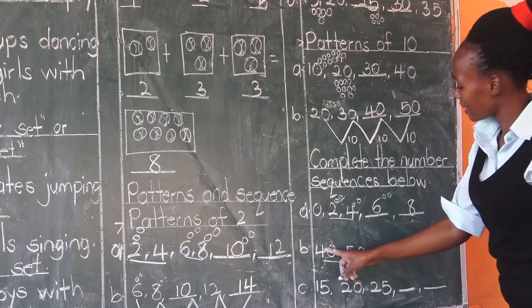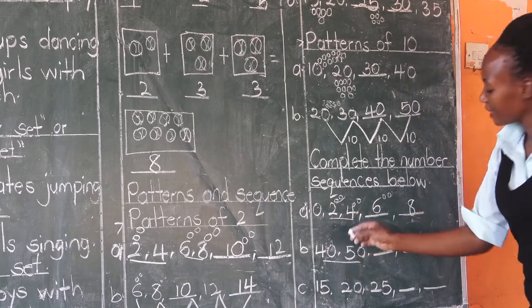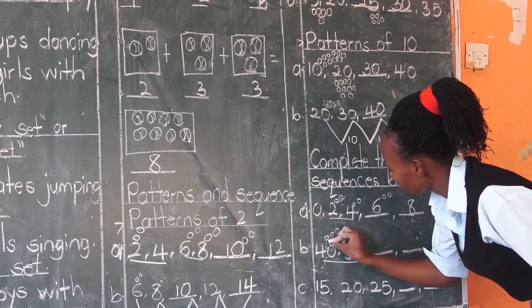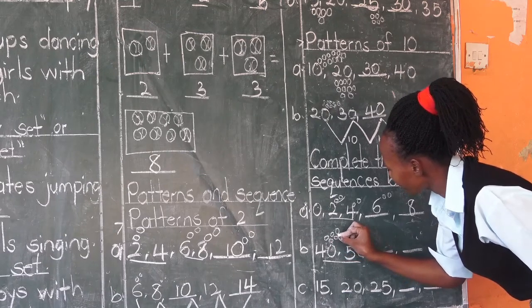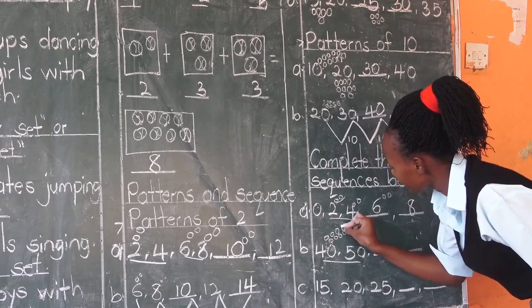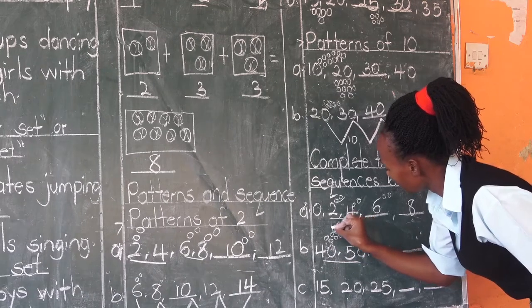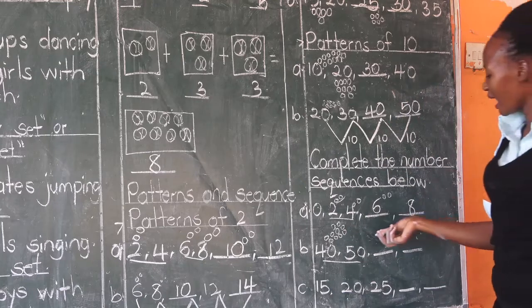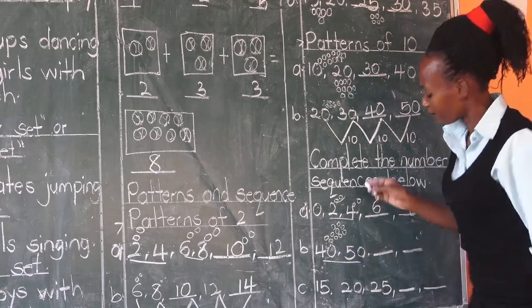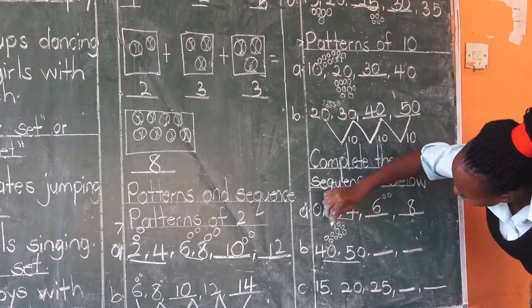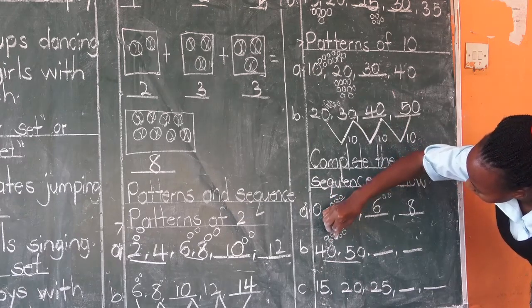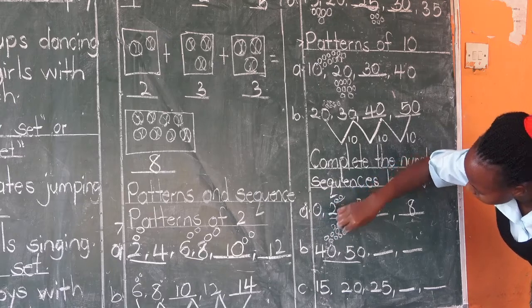Now we are going to first get 40 in our head, then 41, 42, 43, 44, 45, 46, 47, 48, 49, 50. Now let's count the balls and we see how many we have added on 40 to get 50. 1, 2, 3, 4, 5, 6, 7, 8, 9, 10.